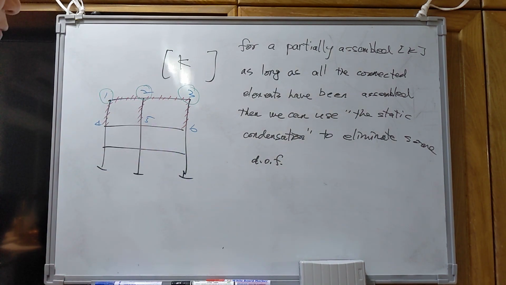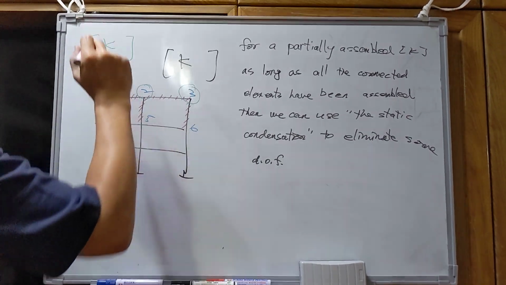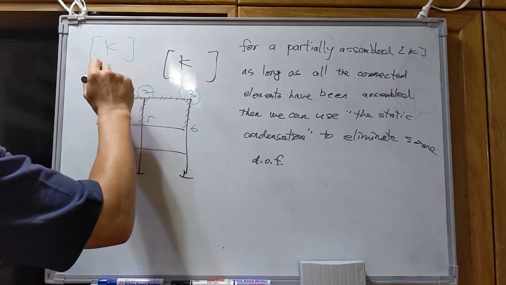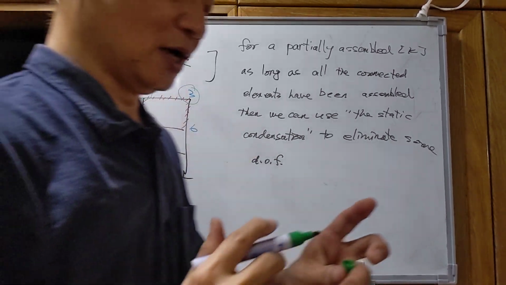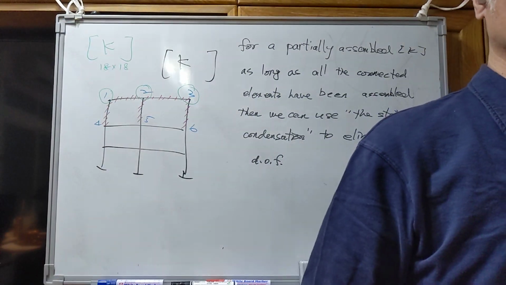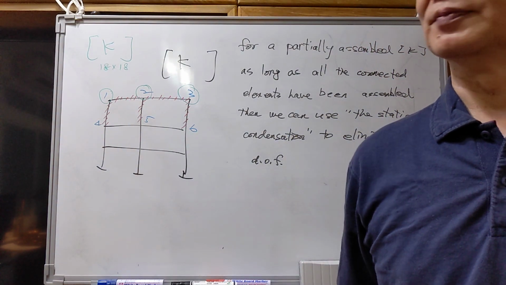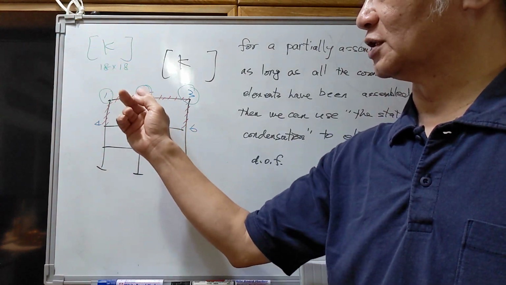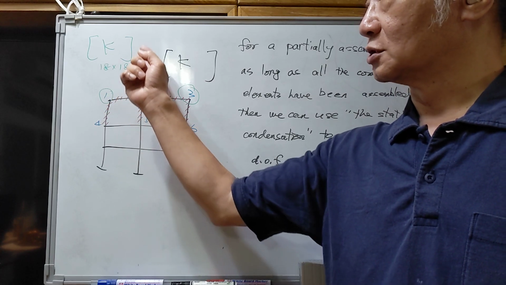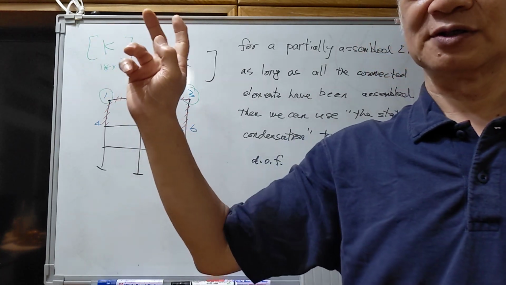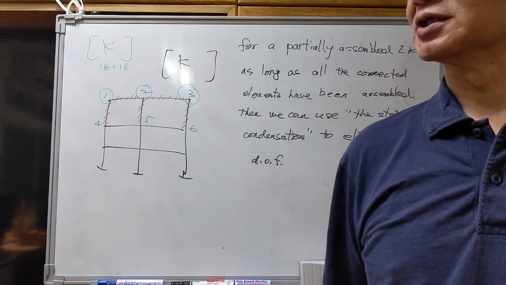When we calculate the global K matrix, originally we need a K which is 18 by 18, since right now we need to consider all the degrees of freedom for these 6 nodal points. So we need a dimension of 18 by 18 for the global stiffness matrix.